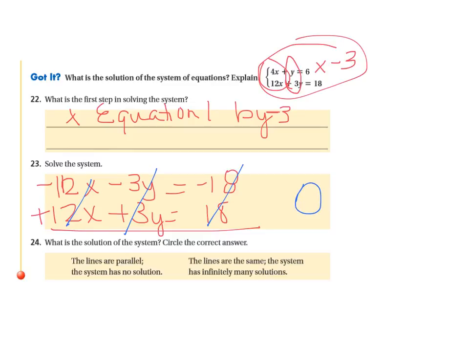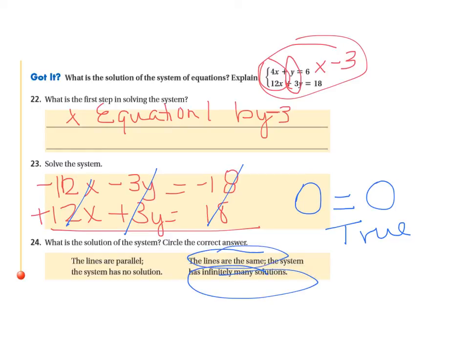So I'm left with nothing on the left side, nothing on the right side. So this is an identity. When I get a true statement here, instead of no solution, it means that I have infinite solutions. And if I have infinite solutions, the lines have to be the same.